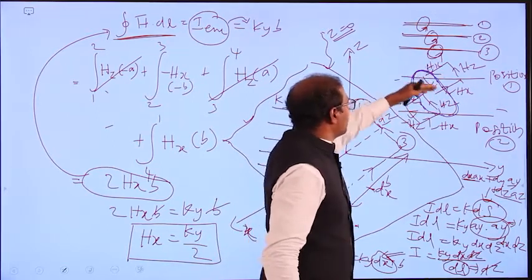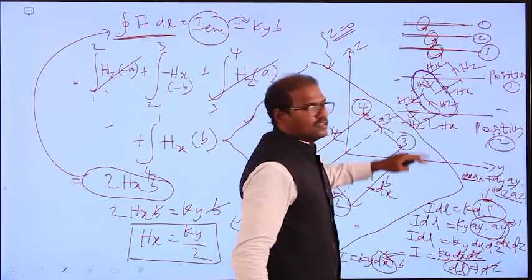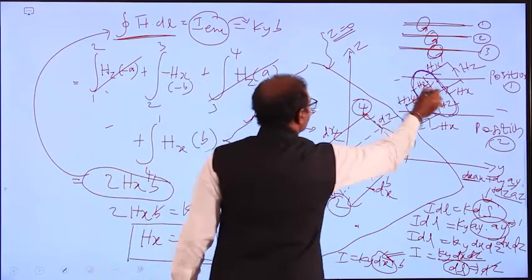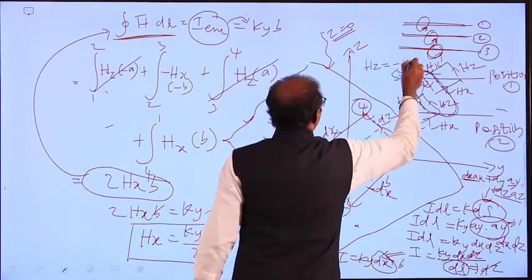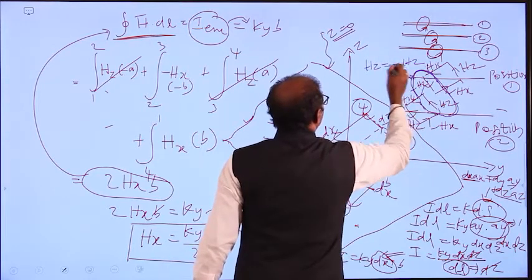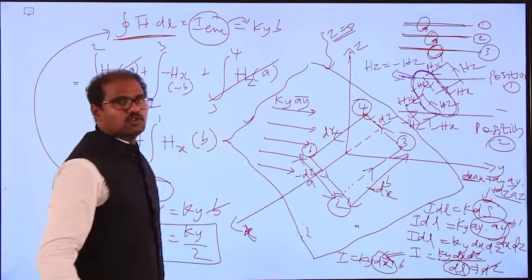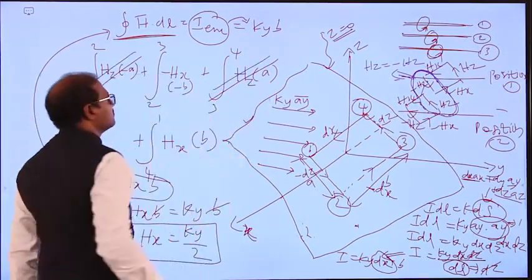Each current has a magnetic field intensity. Both are very near, with equal magnitude and opposite phase. We can say Hz equals minus Hz, equal amplitude but opposite phase, so it will be cancelled. That's why I cancelled these elements.